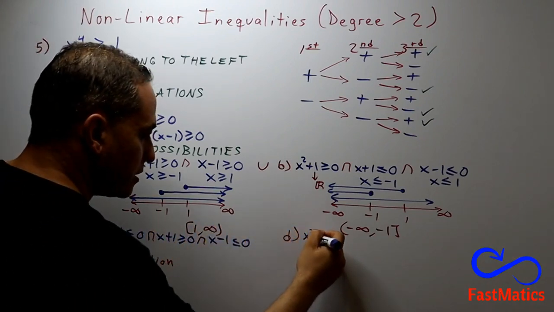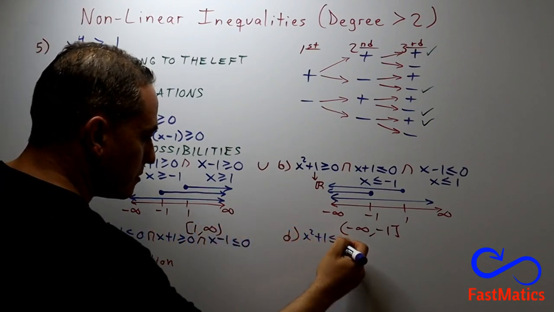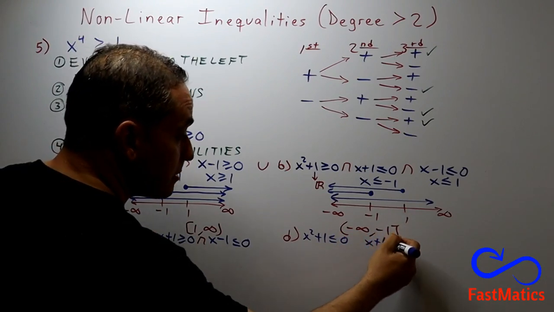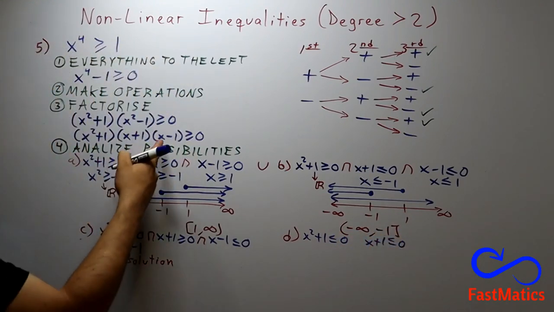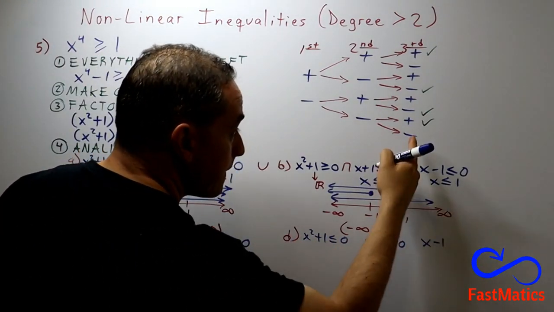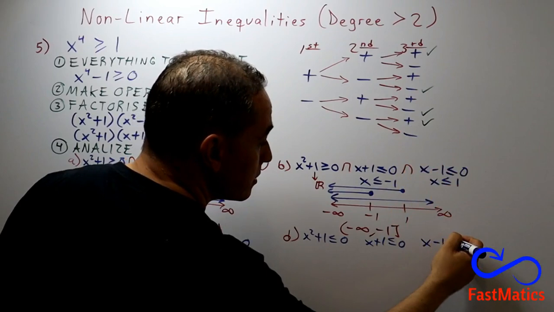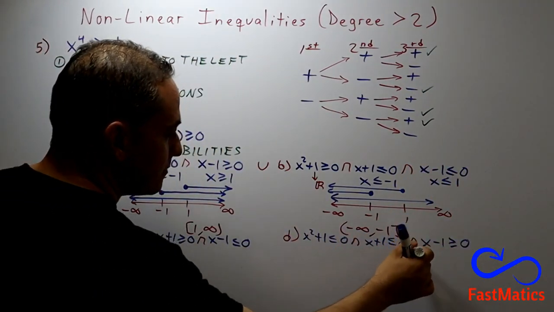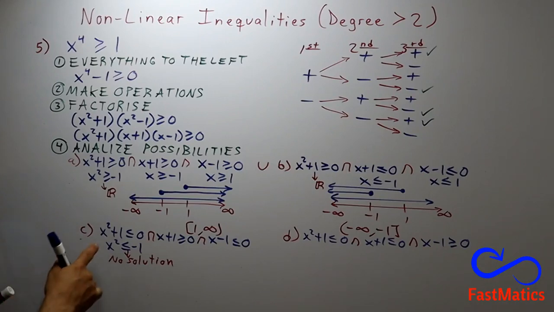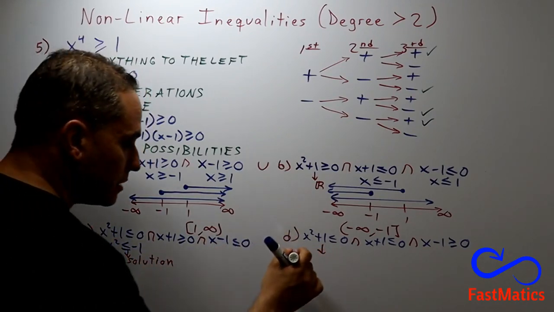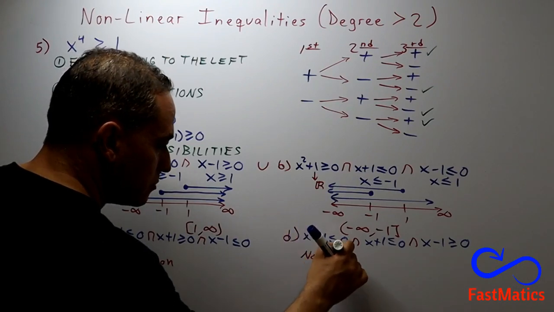X squared plus 1 less than or equal to 0, x plus 1 less than or equal to 0, and the third parenthesis, x minus 1 greater than or equal to 0. But pay attention here, the same case as here, no solution.